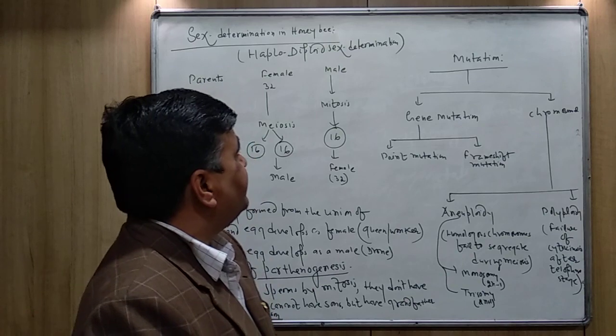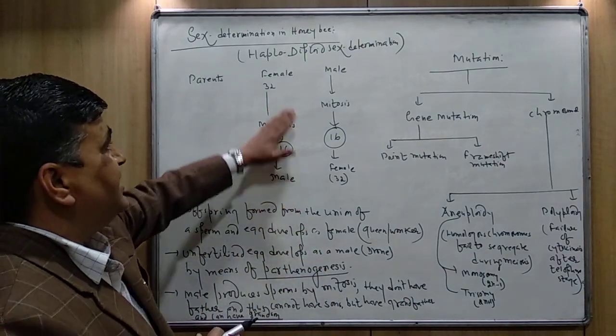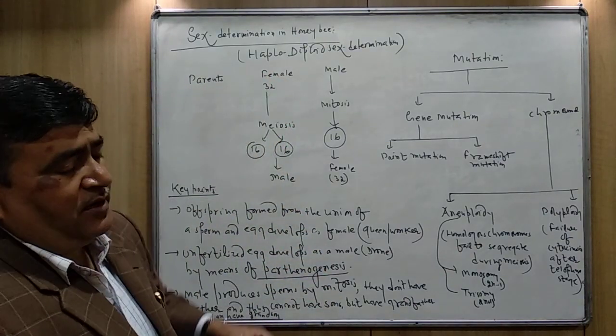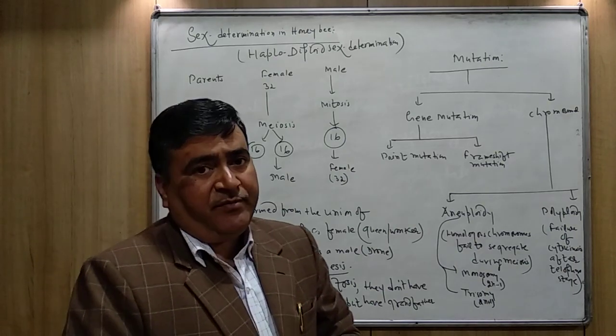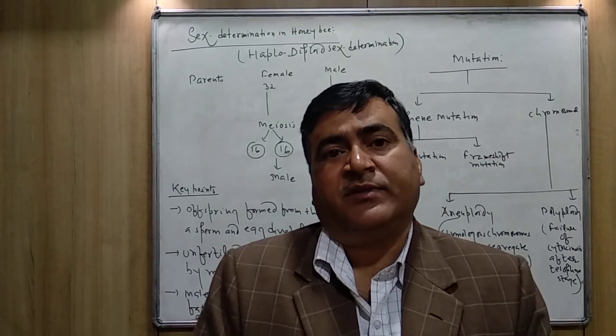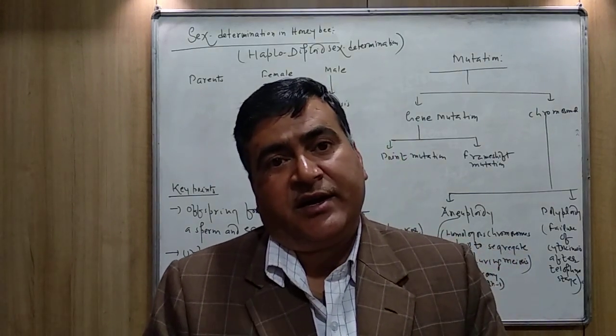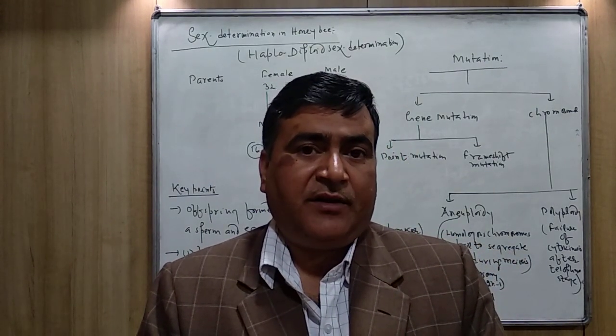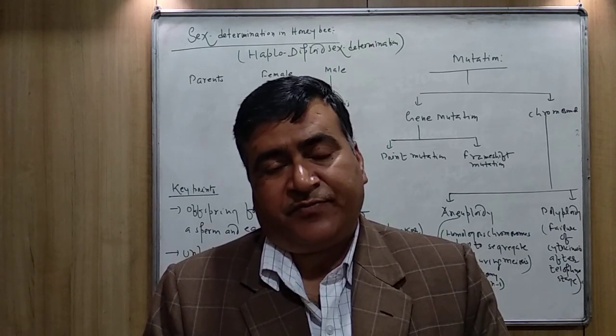In this case, you can see here the female honeybee, that is queen or you can say worker, has a total of 32 chromosomes.